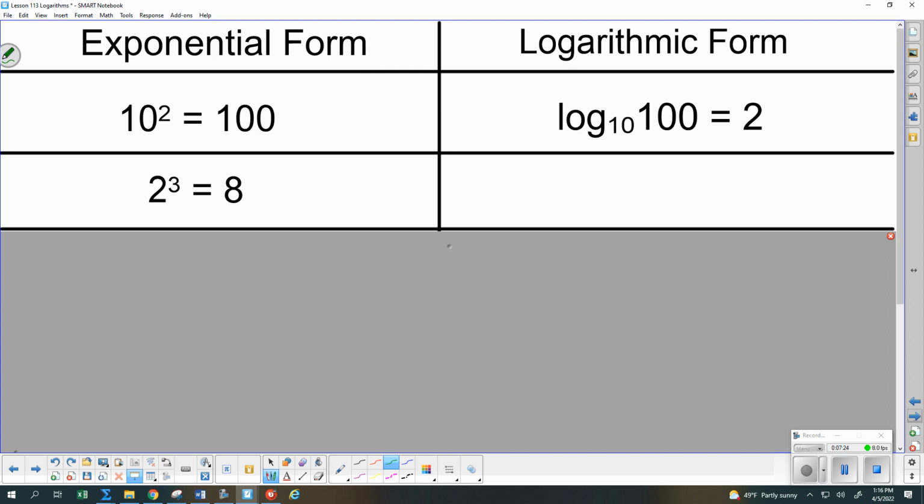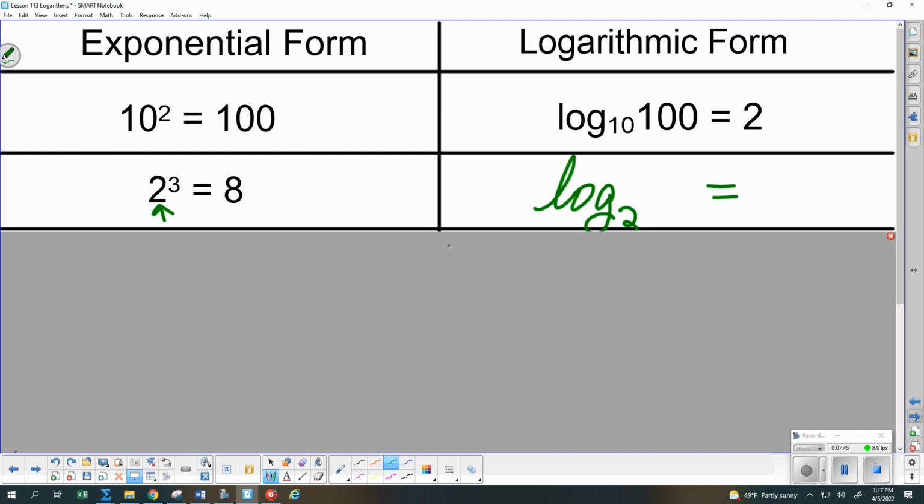So 2 cubed equals 8. If I wanted to do that in logarithmic form, log base 2. 2 is my base here. 2 is still my base here. The log is the exponent. The exponent over here was a 3.